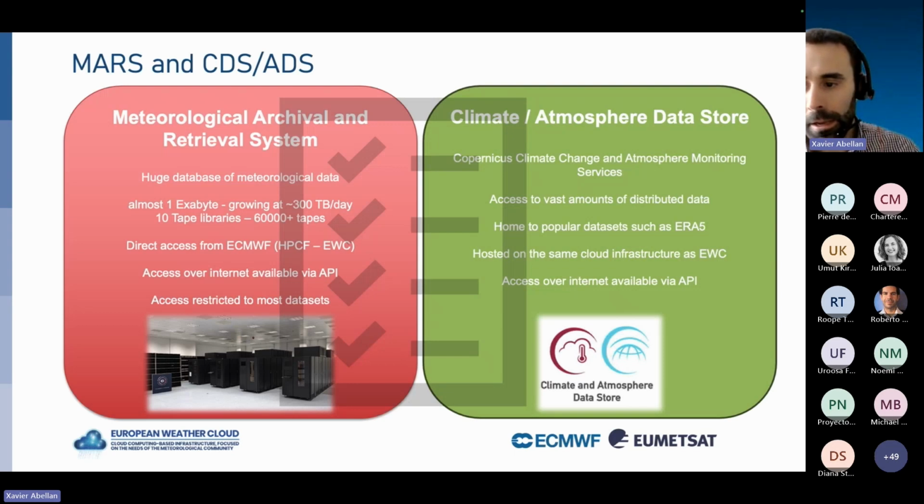The only thing you need to do is to self-register into the data store, and then you're good to go. The good news is that we are now migrating our data store to the new backend infrastructure, which happens to be the same one that we run the European Weather Cloud on. So you can't get closer to the data than this if you are on the European Weather Cloud.